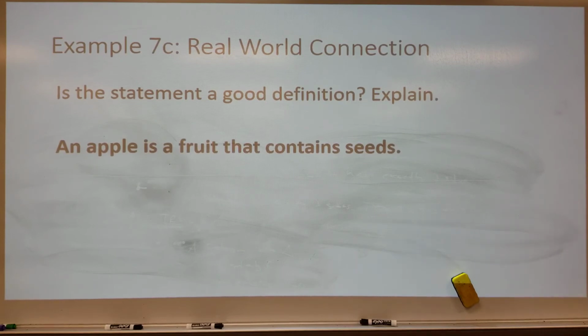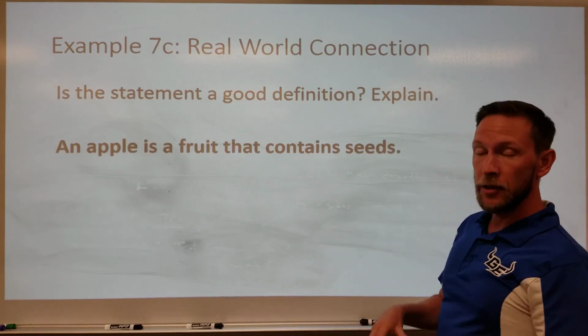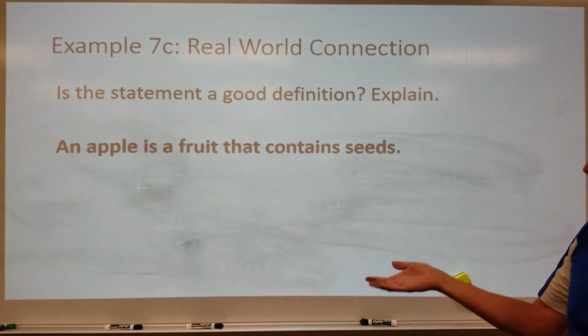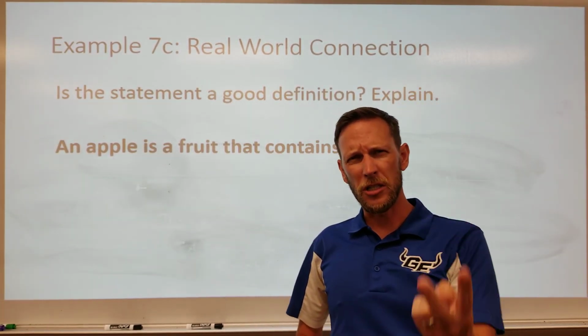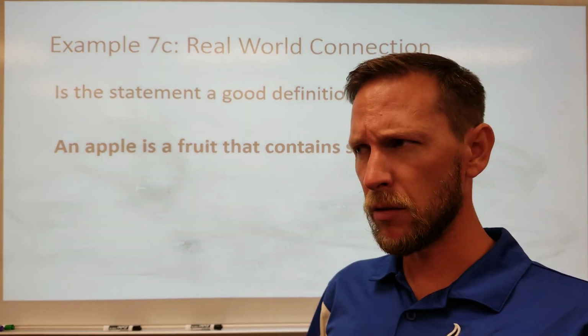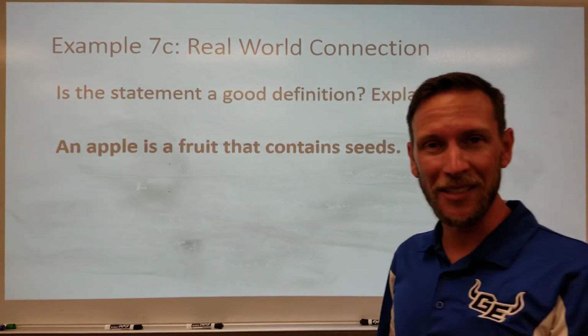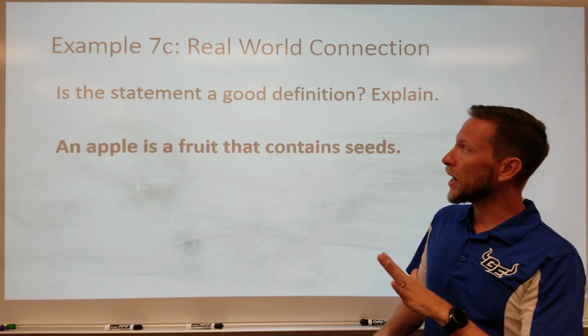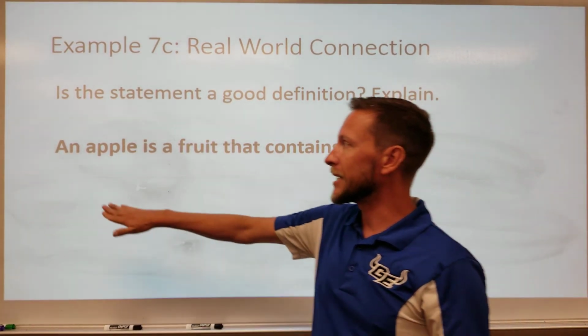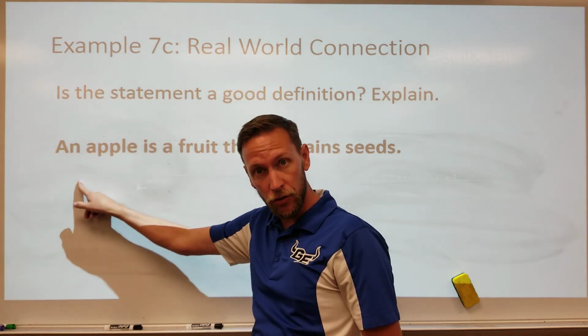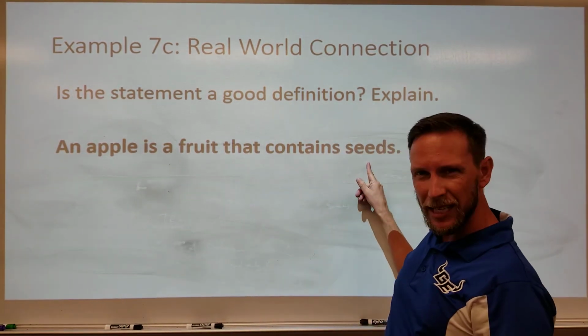And so here is an example here. Is this a good definition? And you're going to explain. So an apple is a fruit that contains seeds. This is a true statement, but is it a good definition of an apple? All right? Or is it a good definition of a fruit? Let's think about situations where you could provide a counterexample to maybe name something else that is a fruit that contains seeds.